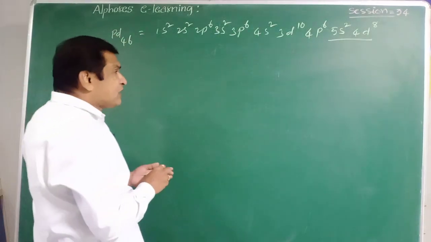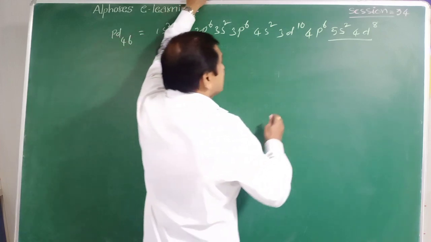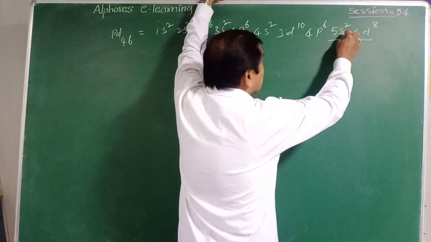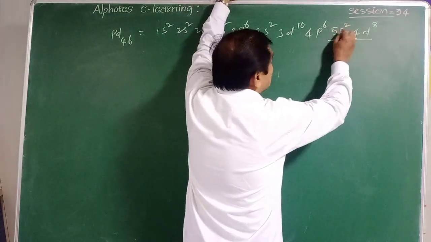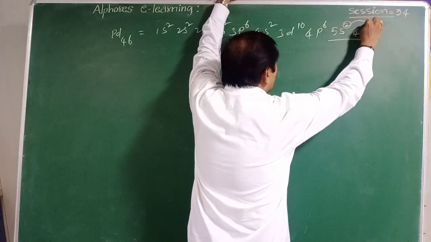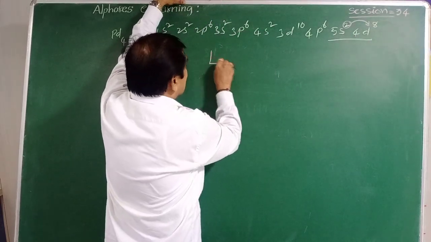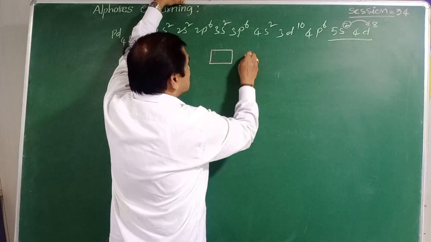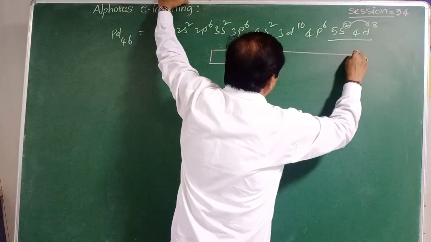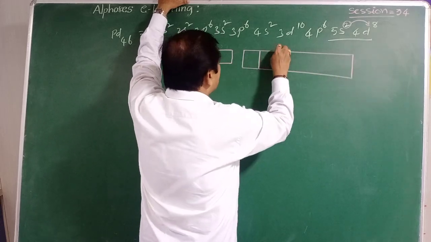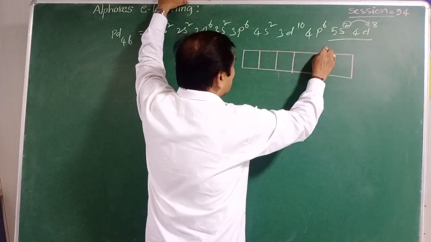Now, in order to acquire stability, that is for the complete filling of the d orbitals, the two valence 5s electrons are completely transferred into the 4d orbitals. So the 4d orbitals become completely filled, that is fully filled.